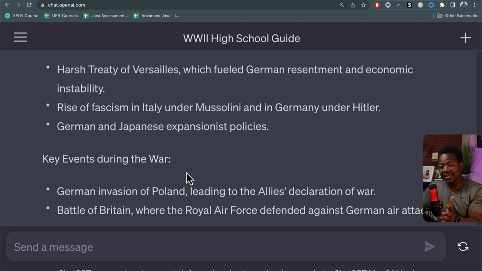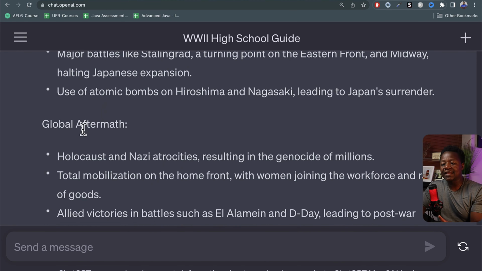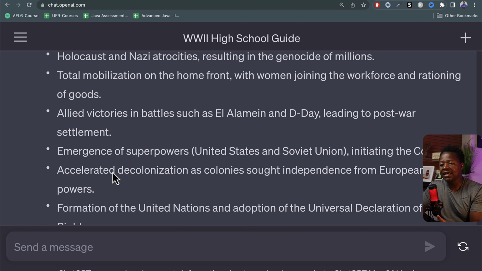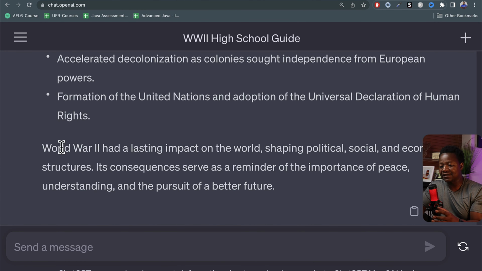And then we have the key events during the war, German invasion, all of that, and then the global aftermath, okay? Holocaust and total mobilization of the home front, Allied victories, and all of that. And at the end, of course, we have this more succinct summary of everything. World War II had a lasting impact on the world, shaping political, social, and economic structures. Its consequences serve as a reminder of the importance of peace, understanding, and the pursuit of a better future.